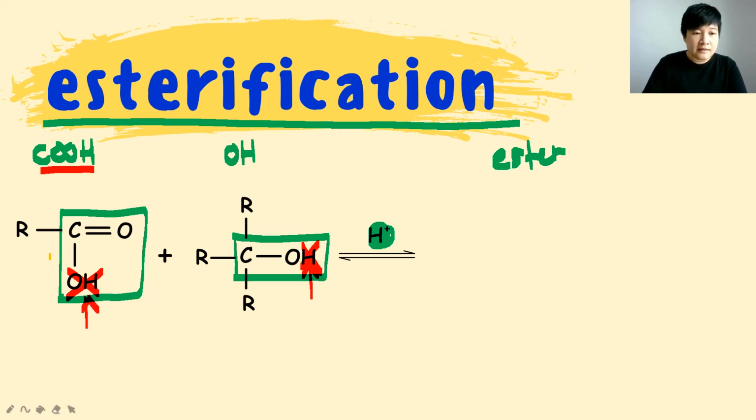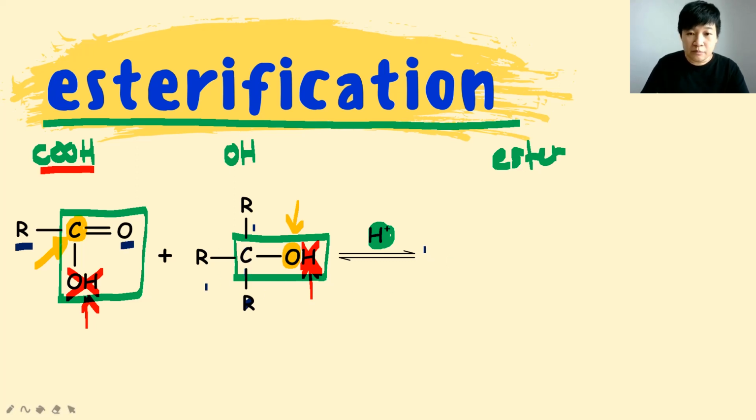This is the carbon that loses the OH, and this is the oxygen that loses the H. So the new bond will be formed between this carbon and this oxygen. The rest of the group that doesn't change shall remain unchanged.